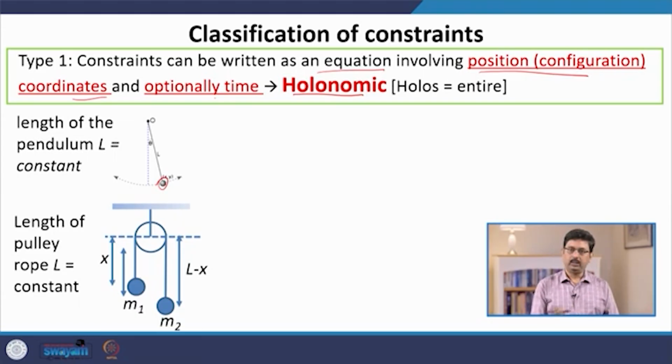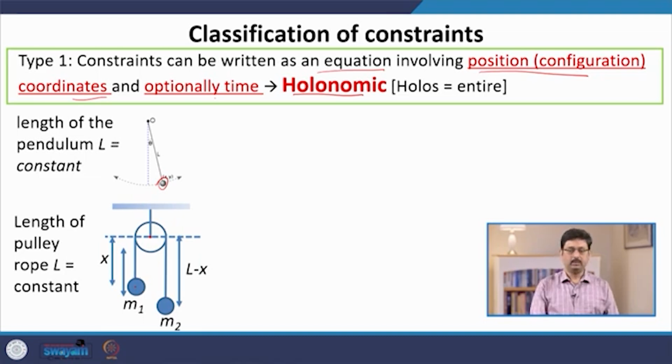Another example that we discussed in the last lecture is the pulley problem, where you have the constraint that the length of the rope is constant. If one mass has coordinate x, where x is the vertical direction, measured as the distance from the center of the pulley, then the other one must be L minus x.